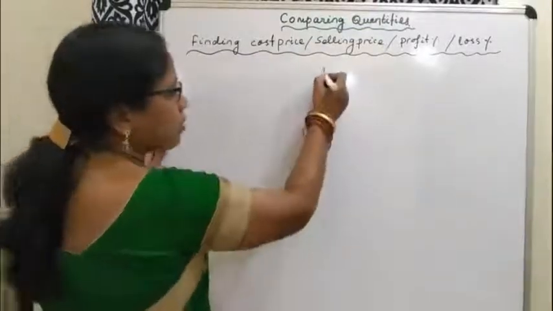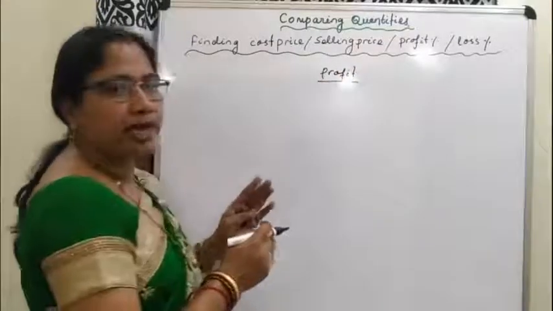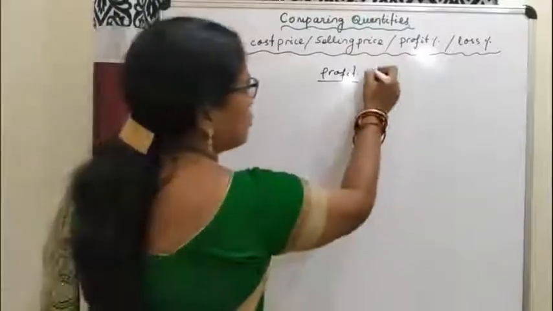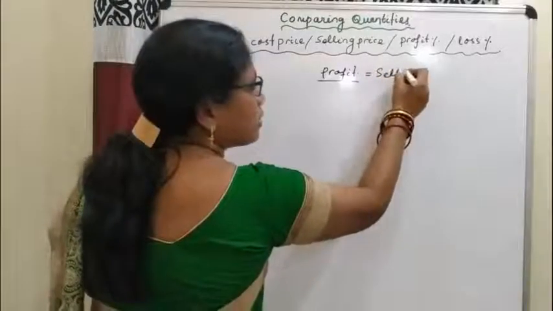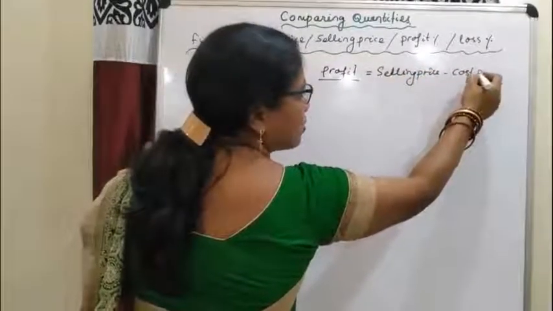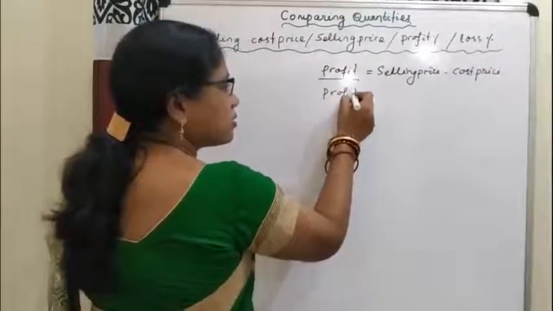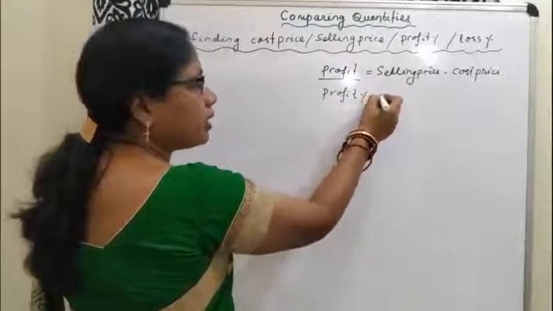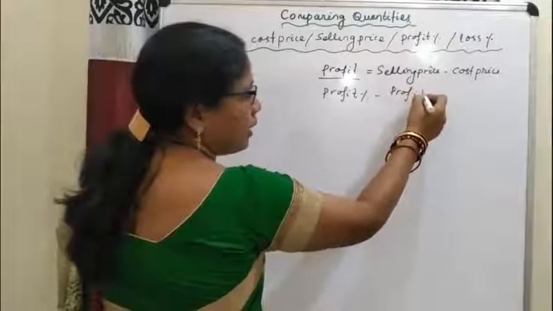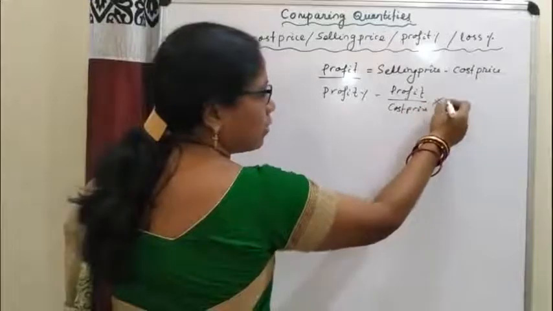So profit is equal to... we know if the selling price is greater than the cost price, then profit. So profit is equal to selling price minus cost price. And profit percentage: always profit is calculated on cost price. So profit percentage is equal to profit by cost price into 100.